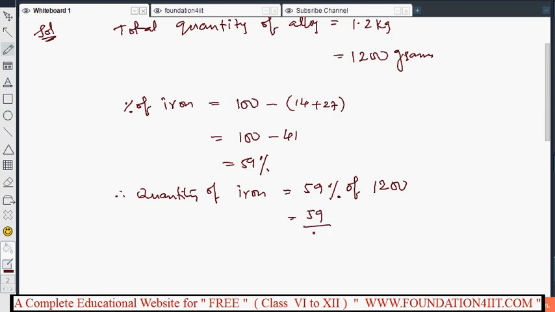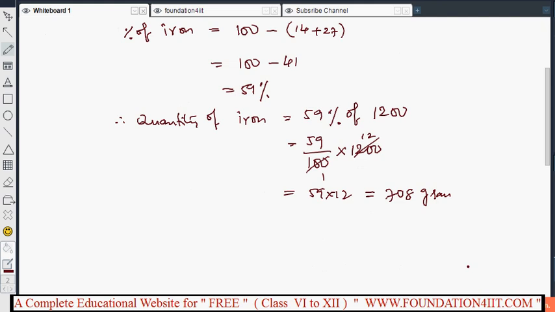That is 59 by 100 into 1200. Okay, can cancel this. Then 59 into 12. So this is the grams that will come. That is 708 when we multiply. 708 is grams. This is 0.708 kg. So this much of iron is included in that.